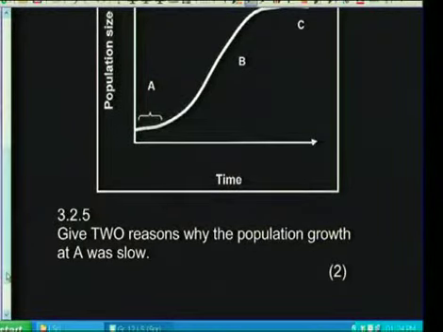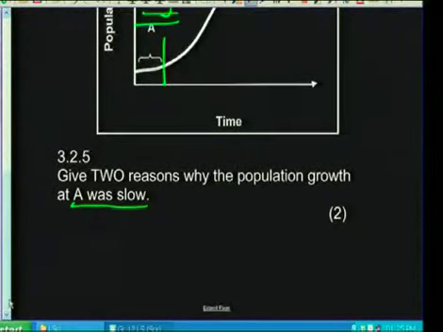Give 2 reasons why the population growth at A was slow. Now, if we look at A, we called A the lag phase. Guys, in any population, the organisms are firstly acclimatizing to their environment, so they need time to adjust to the area. So the rate of growth would be very slow initially.